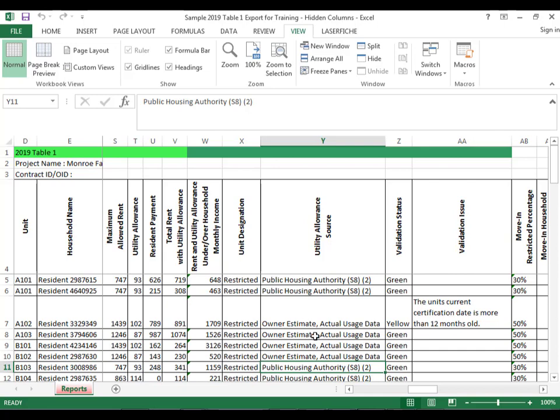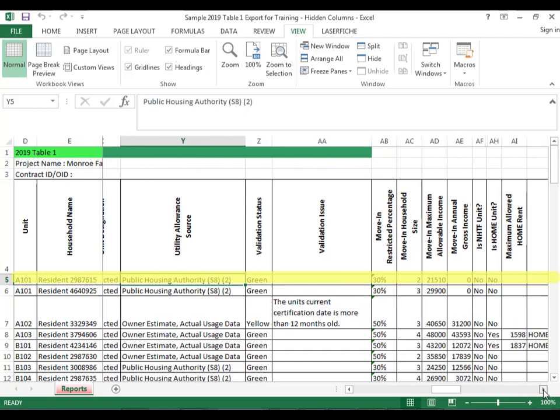This property has two different sources, and actually there's a reason for that. They've gotten approved to use an alternate utility allowance, owner estimate, but they are still using the Section 8 allowances on units that have a project-based subsidy. And I could find that information or double check it.